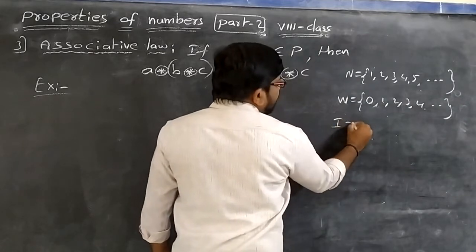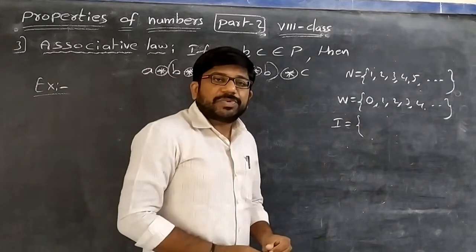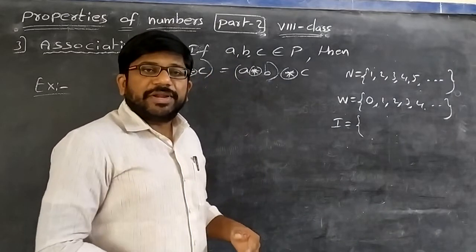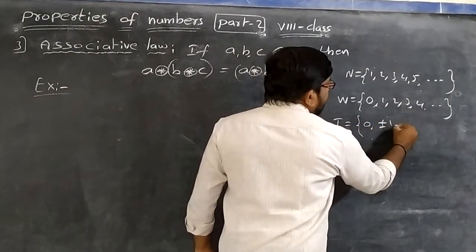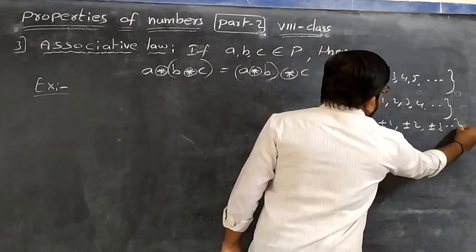Next, integers. Integers are 0, plus or minus 1, plus or minus 2, plus or minus 3 and so on. So natural numbers are there and their negatives also.